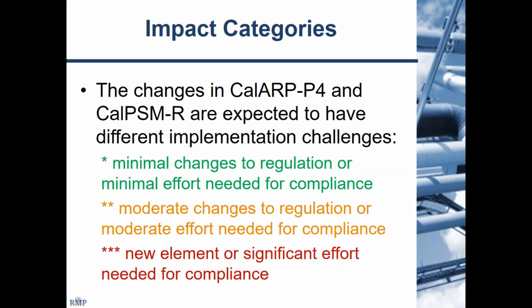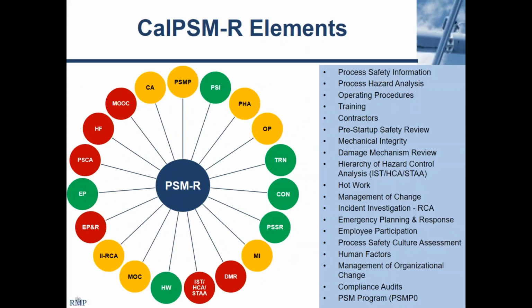A little bit of an explanation here. The items that are green are minimal changes. Yellow is moderate changes, and then red are either new elements or it'll be a significant effort to comply with that element. That being said, this is what the program will look like starting October 1st.